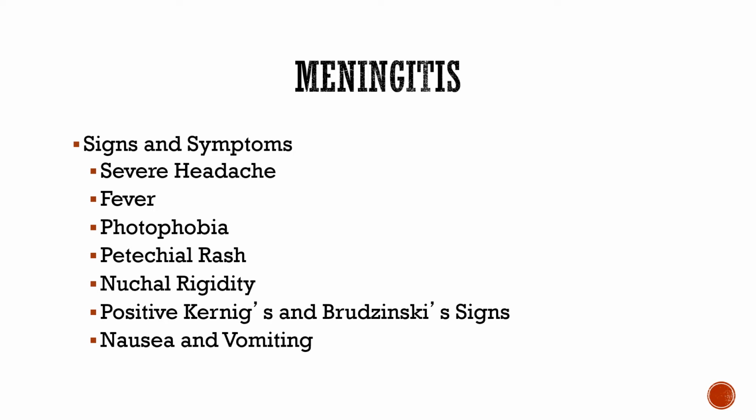Nuchal rigidity, which is that stiff, painful neck. That's a classic sign. That's usually what leads the doctors to think that it's meningitis, is that stiff, painful neck. They could have positive Kernig's signs or Brudzinski signs. It can also have nausea, vomiting, and they can have some restlessness and irritability.